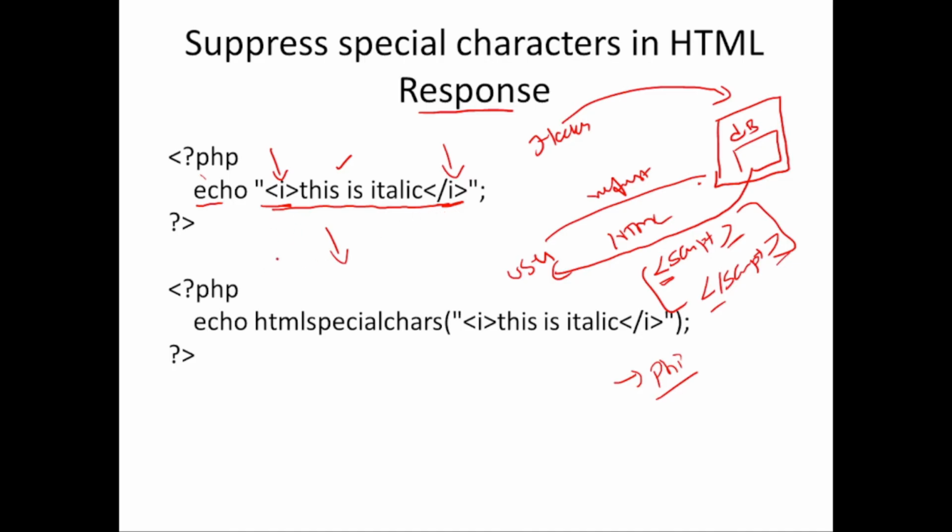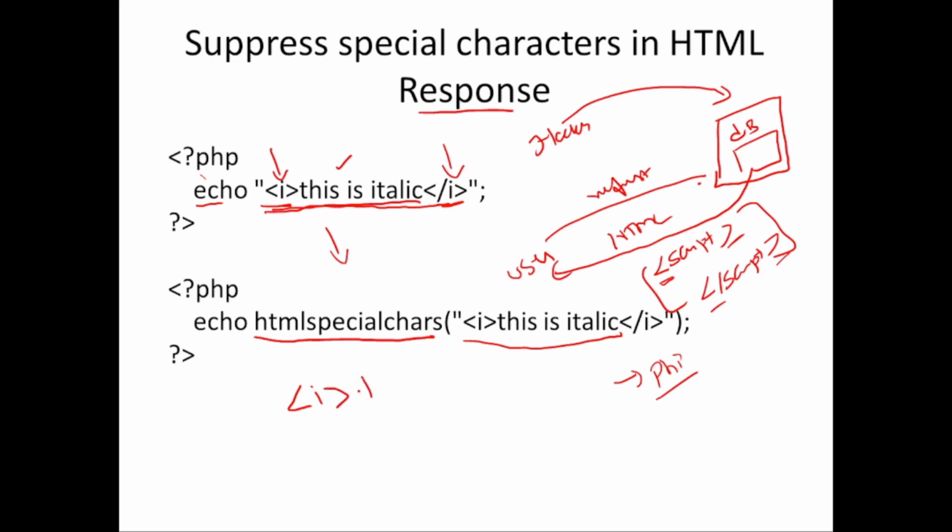If you just wanted to display the entire content, instead of the browser understanding these things to be tags, the browser should just display the content. It should not consider them to be tags. We can use a function called htmlspecialchars. When you call this function and send the response, the output is going to be like this.